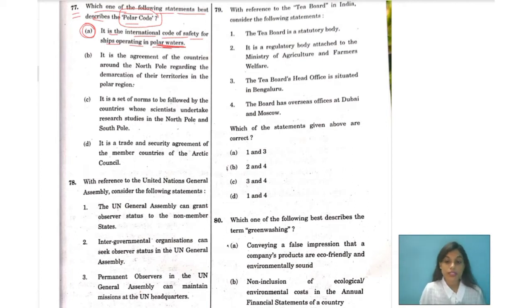Because the polar code is the international code for ships operating in polar waters, and it covers the full range of design, construction, equipment, operational, training, search and rescue, and environmental protection matters relevant to ships operating in the inhospitable waters surrounding the 2 poles. So that's your correct answer. Let's move over to the next question now.